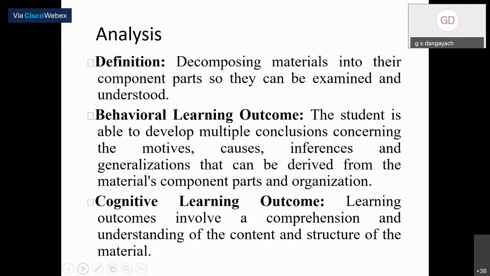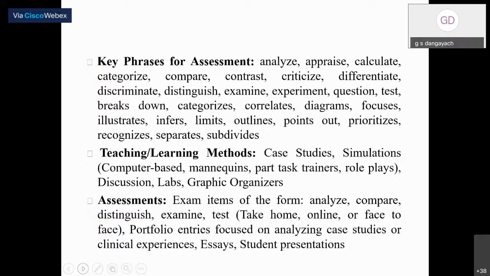So this is the fourth level, and the words which we use in this are: analyze, appraise, calculate, categorize, compare, contrast, criticize, differentiate, discriminate, distinguish, examine, experiment, question, test, break down, correlate, diagram, focus, illustrate, infer, limit, outline, point out, prioritize, recognize, separate, subdivide.